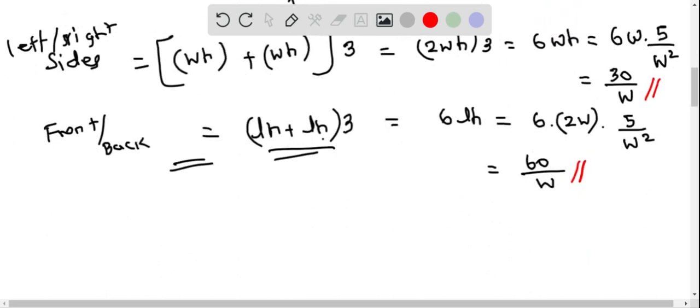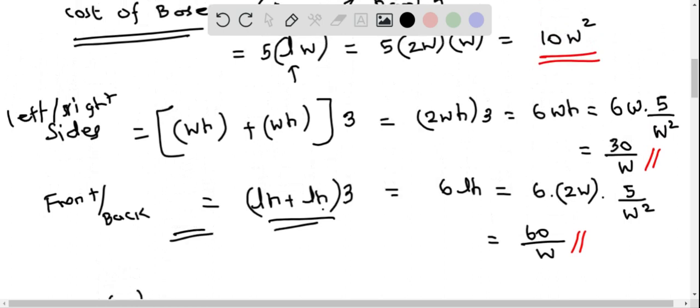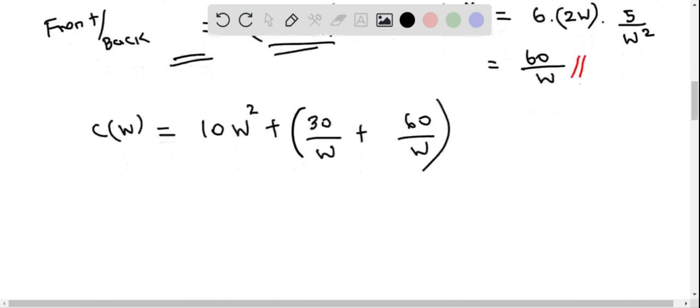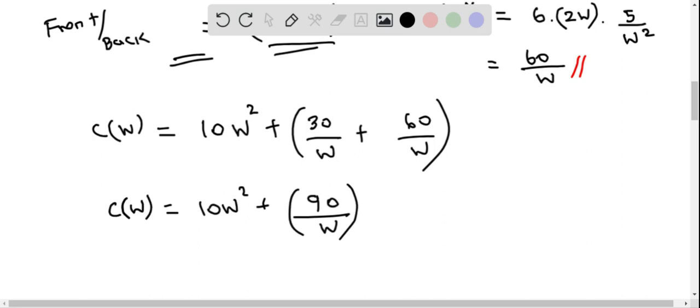Therefore, the final cost function, which I can represent as C of W, equals the cost of constructing the base, 10W square, plus the cost of the left and right sides, 30 by W, and for front and back, 60 by W. These two are like terms, so we can add them together and write them as a single term. So this will be 10W square plus 90 by W. This basically represents the cost function. This is the required cost function.